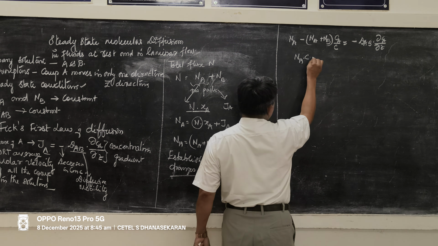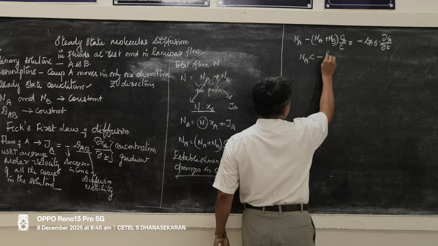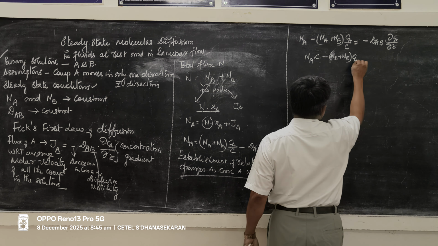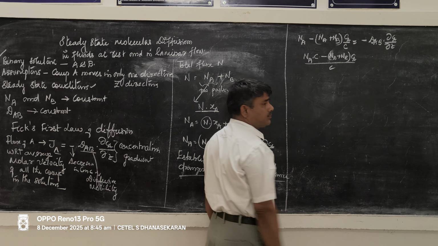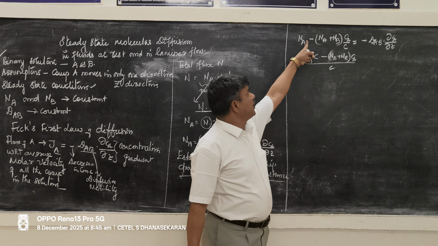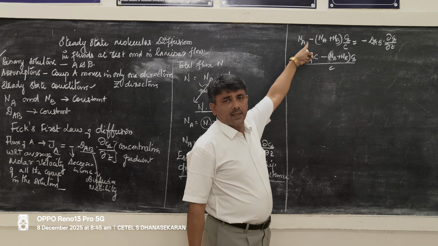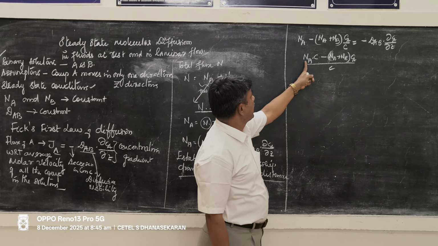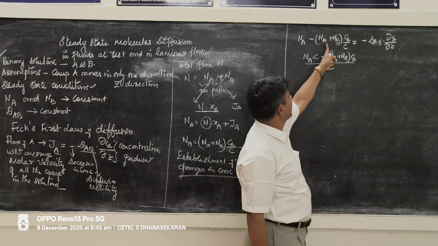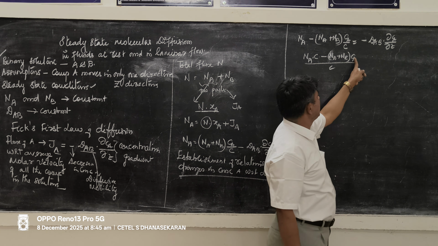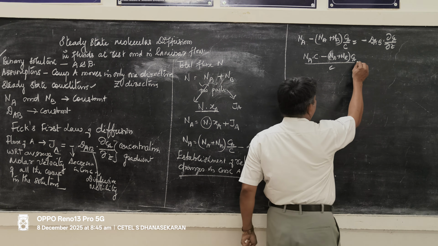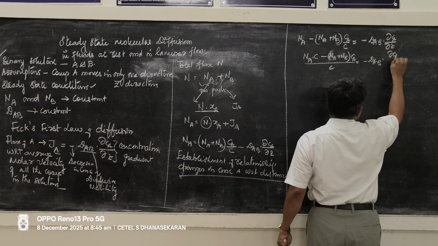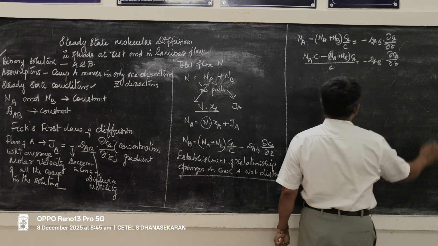NA into C minus (NA plus NB) into Ca, whole divided by C. In this term, multiply and divide by C. C will be taken out commonly, hence this equation becomes (NA into C minus (NA plus NB) into Ca) divided by C is equal to minus of DAB into dou Ca divided by dou Z.